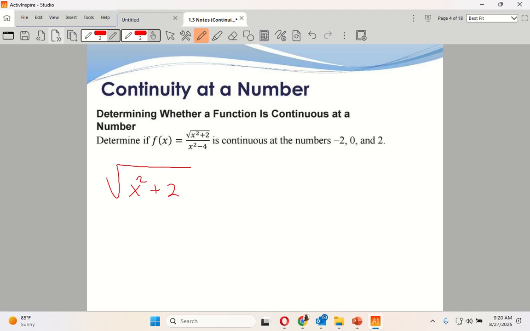But look closely at that. What is that square going to do? Makes it positive, so no matter what number I plug in, this is going to be a positive number. So it's always going to be positive, so I don't have any restrictions on the numerator here. No restrictions. Denominator.